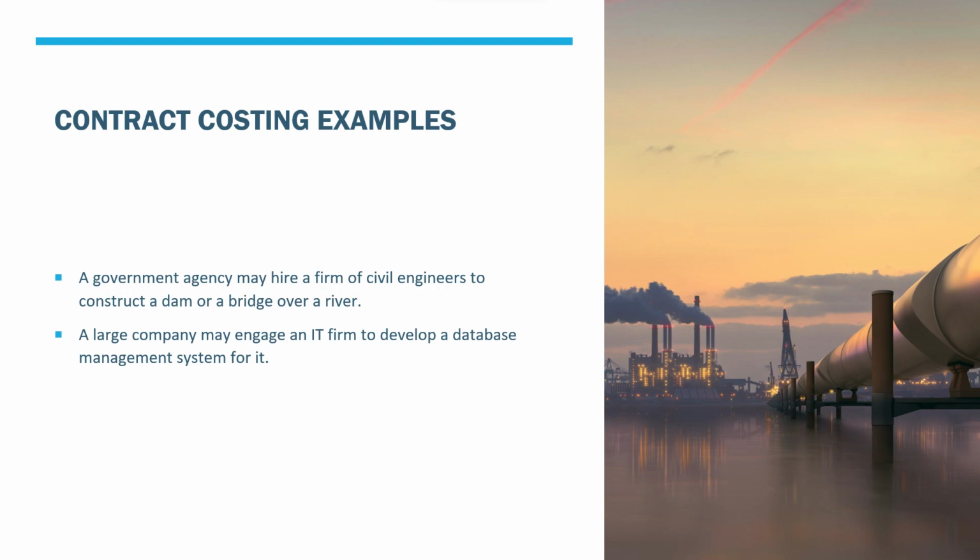This task may take several months or years to complete. Similarly, a large company may engage an IT firm to develop a database management system for it. Because of the long nature of each job, this is classified as contract costing instead of job costing.